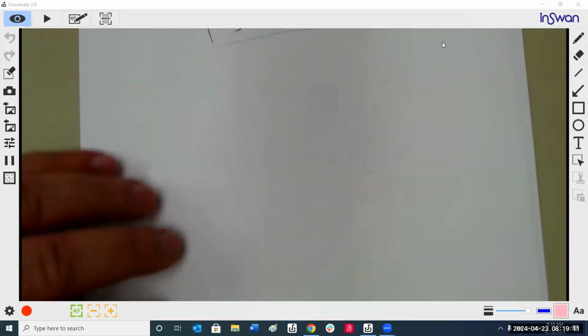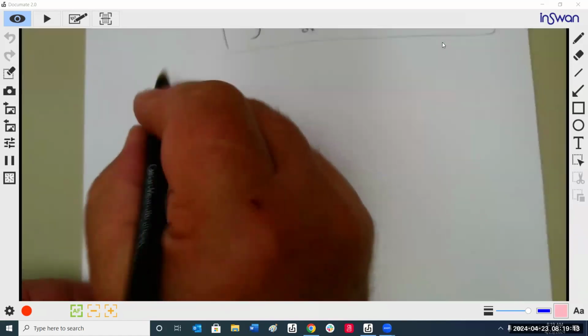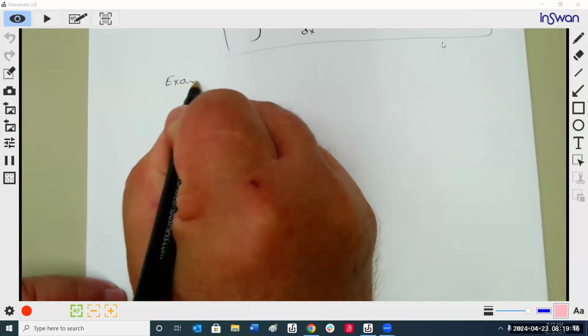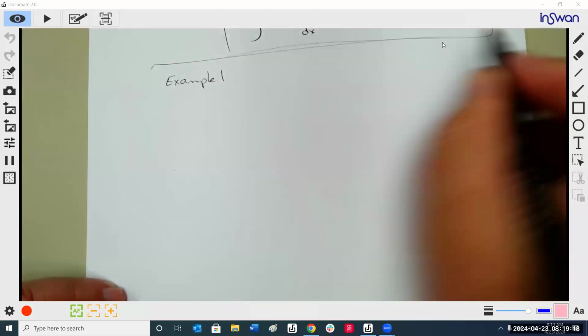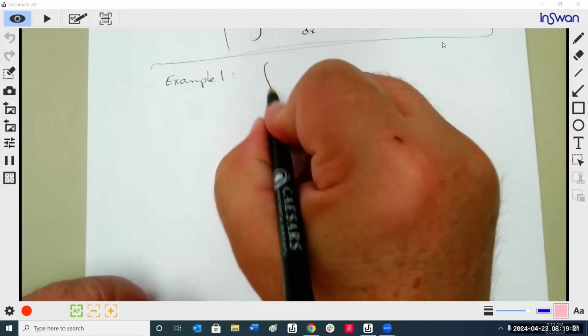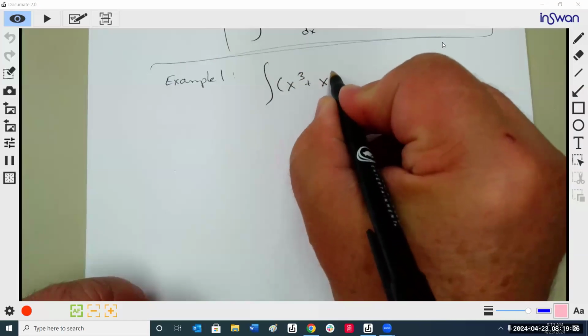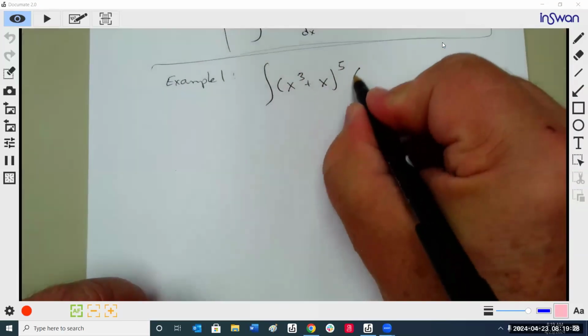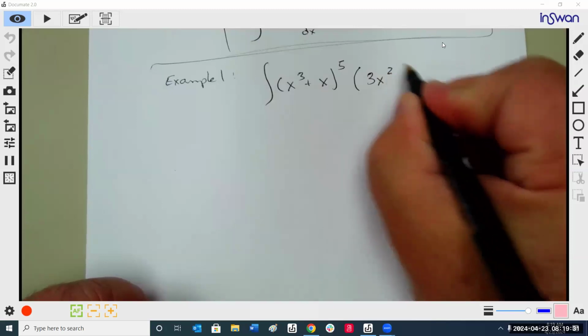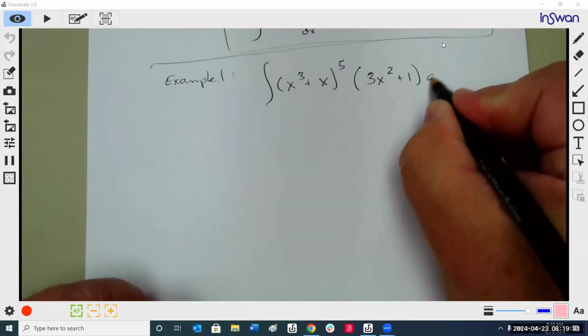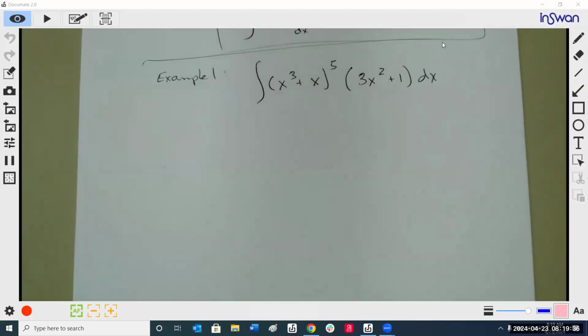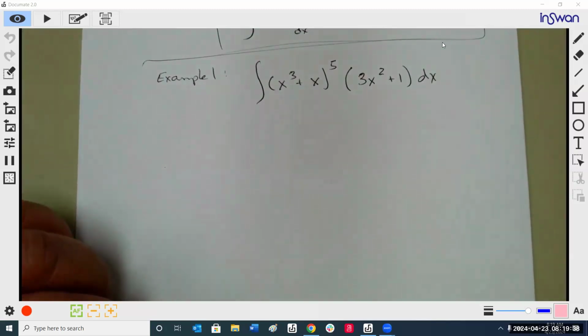Let's look at some of these examples. Example 1. Integrate this one. x cubed plus x, all that to the 5th, times 3x squared plus 1 dx. So what would our u be?